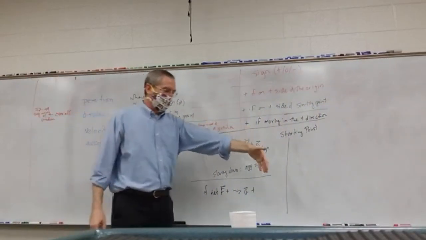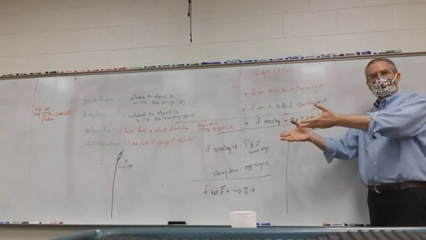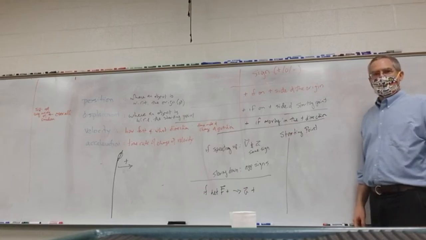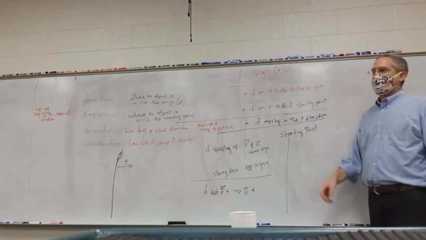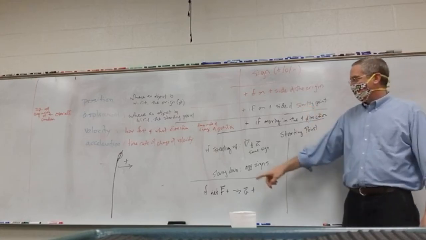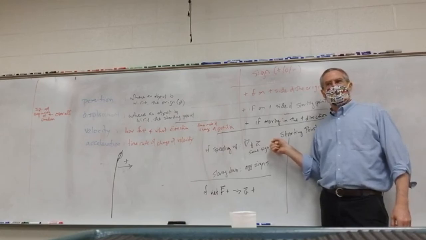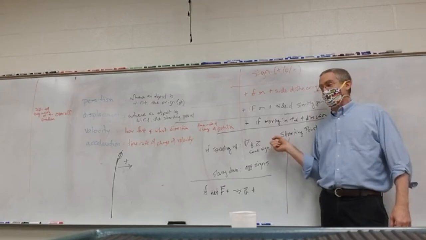So I went from 0 to some negative value. Did I speed up or slow down? Speed up. So my acceleration therefore was, if I'm speeding up, they're the same sign. And that's the biggest hurdle here, is so many people are convinced that positive acceleration means speeding up. No. Not the case just then.